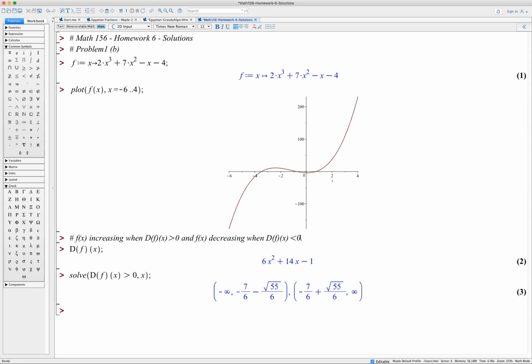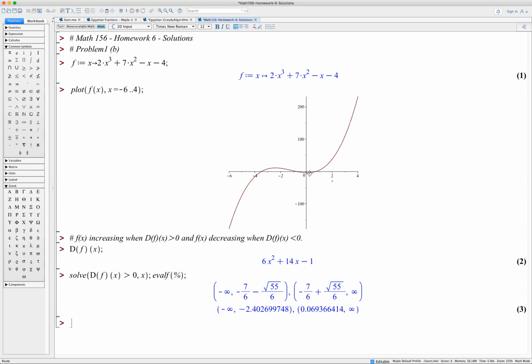Aha. So we're solving an inequality, and it's positive in this interval and in this interval. If we want this as a decimal, from -infinity to -2.4, it's increasing.